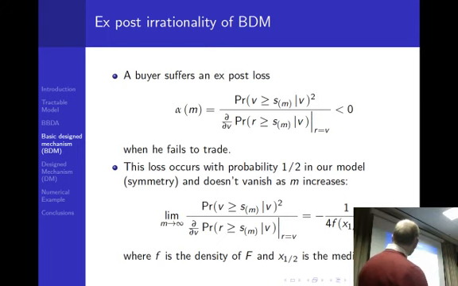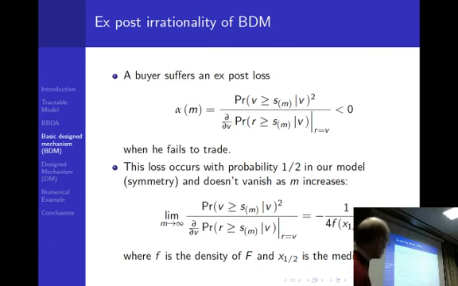Now, a buyer suffers an ex post loss when he fails to trade, and it's just this negative number. This is a negative number because this derivative is negative, and this loss occurs with probability 1/2 in our model, and it doesn't vanish as m increases.